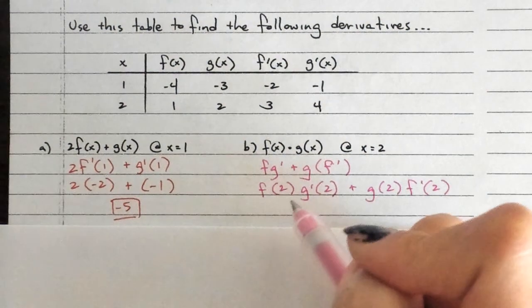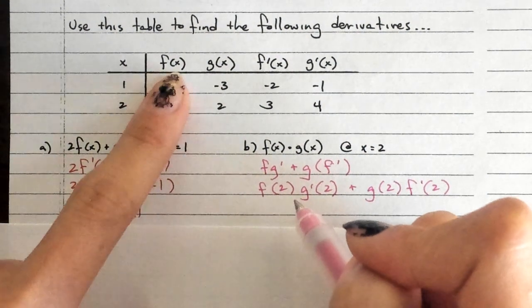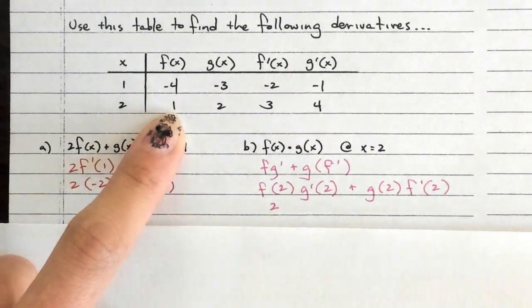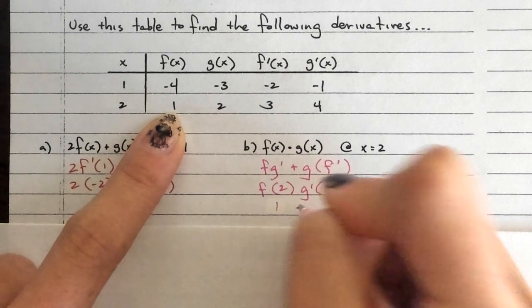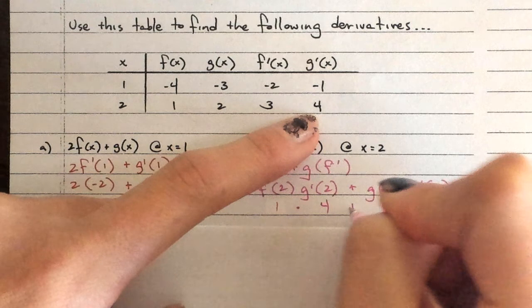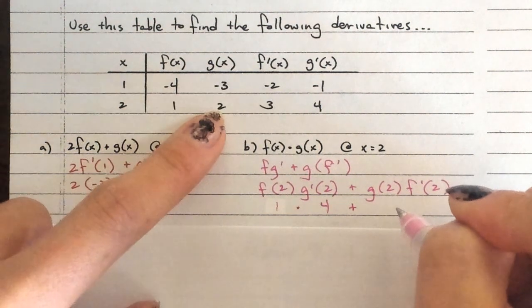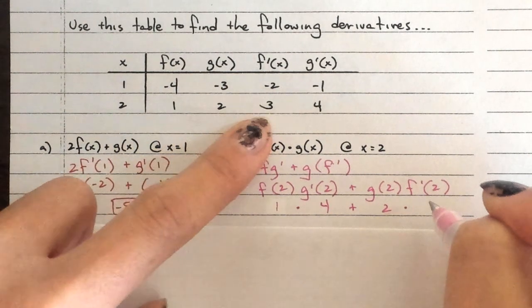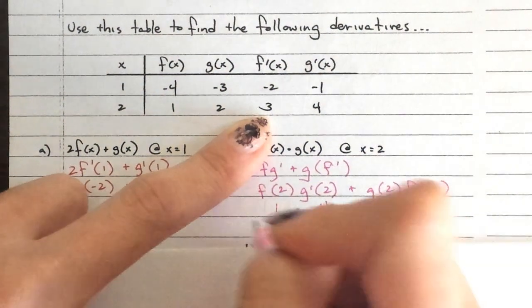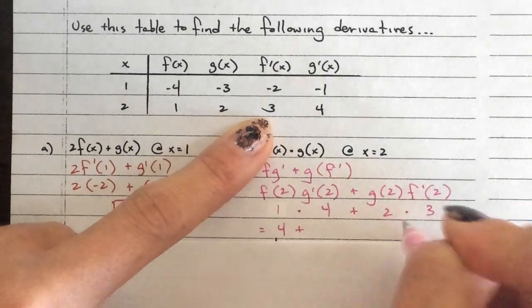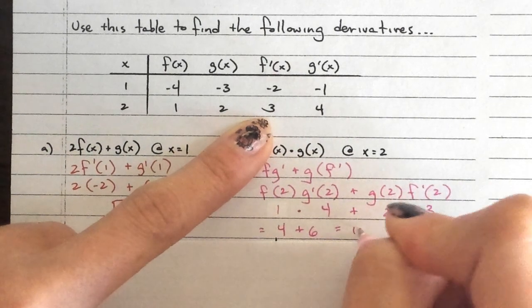And then I look up there, my f of 2 is 1. You have to be so careful. And then my g prime of 2 is 4, plus my g of 2 is 2, times my f prime of 2 is 3. That would equal 4 plus 6, which is 10.